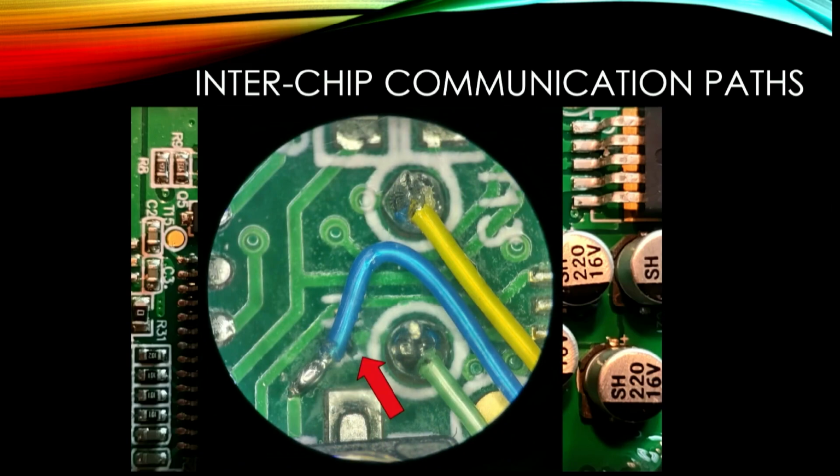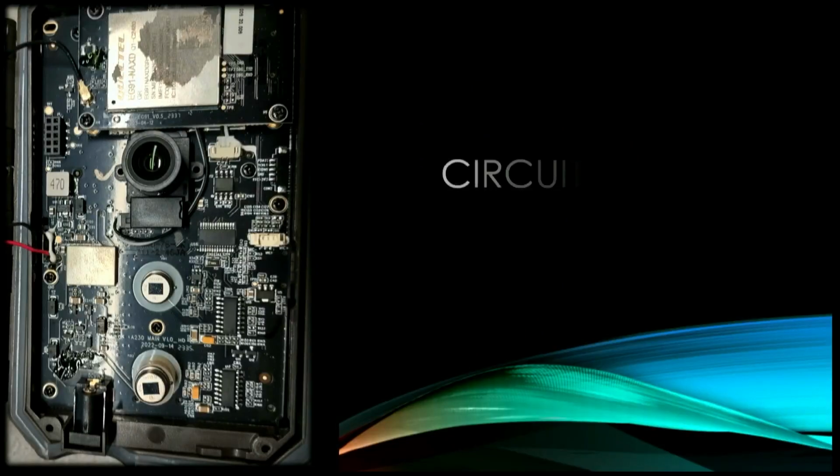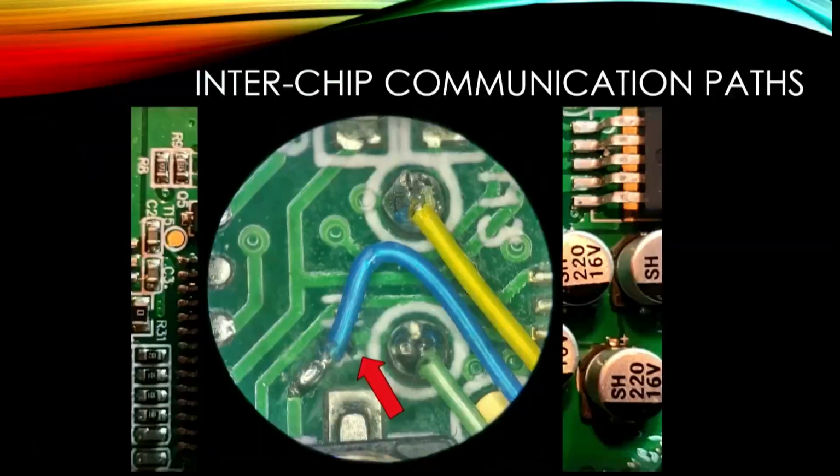So what I do is cut all the runs between the main processor and the other communication devices it's communicating with, and then I bring it out to a breakout board. From the breakout board, it has an on and off switch. You'll see one later on from that device there. That gives me the ability to inject data into the UART communication on a device. If it's fully in circuit, you're not going to be able to do that. It's just going to ignore that. The way to do it is to break the connections.